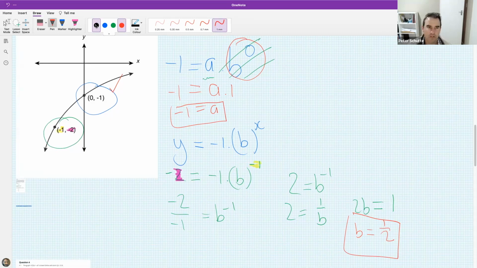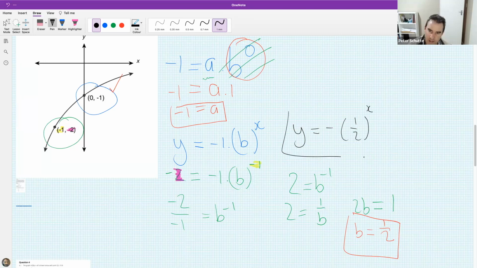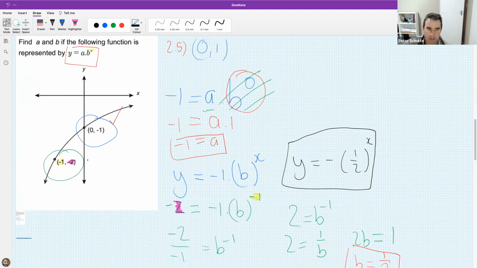And so what is the final equation or rule? It's going to be -1 times a half to the power of x, and that is going to be the equation of this graph that we've just dealt with.